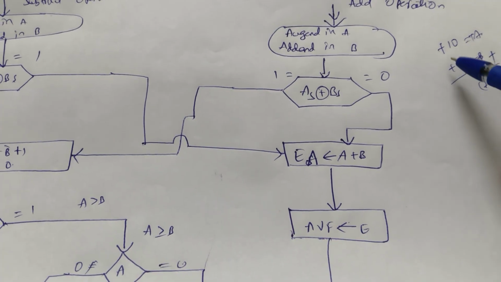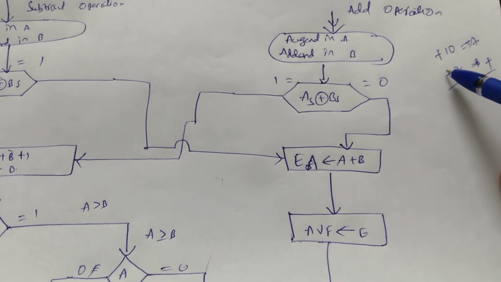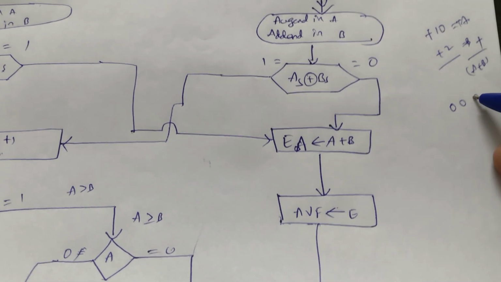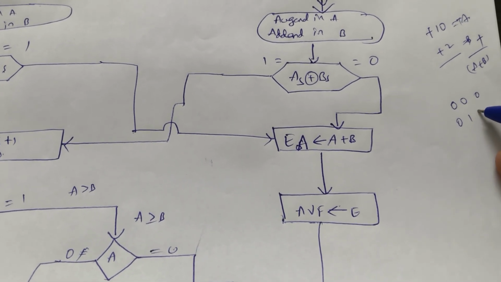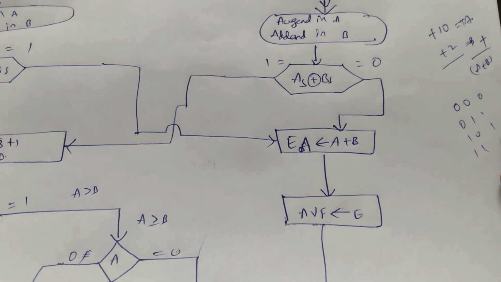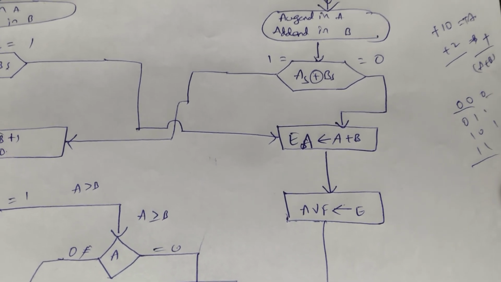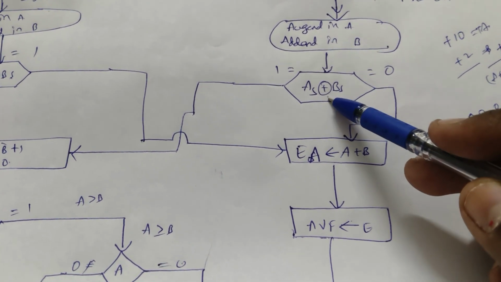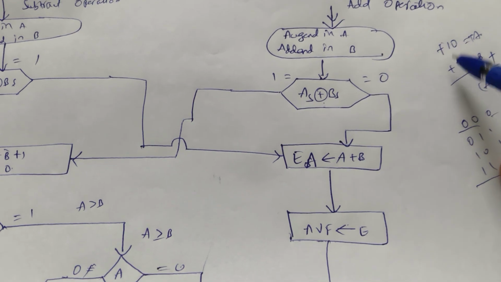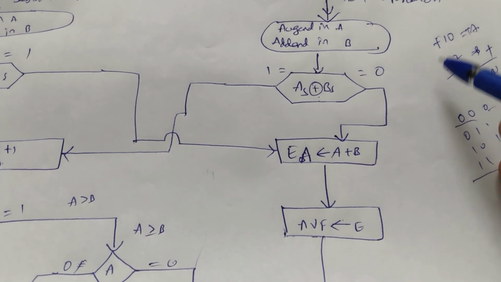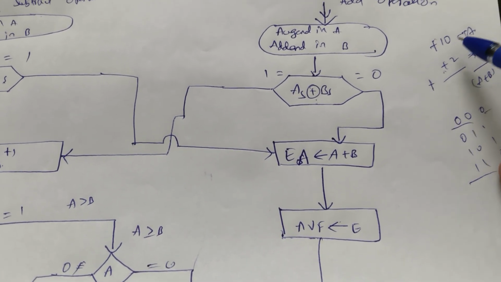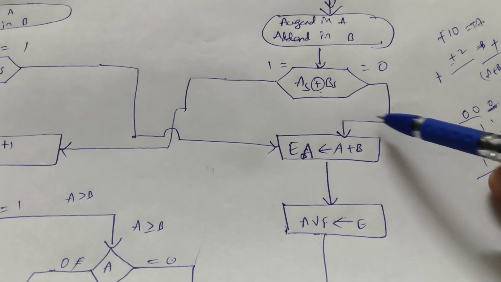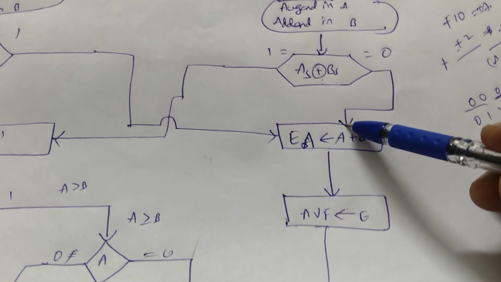In the XOR gate, if the values are the same, it gives 0: 0 0 gives 0, 0 1 gives 1, 1 0 gives 1, and 1 1 gives 0. So if the signs are the same, like plus 10 and plus 2, it gives the result 0, and therefore it is going to perform the addition operation.